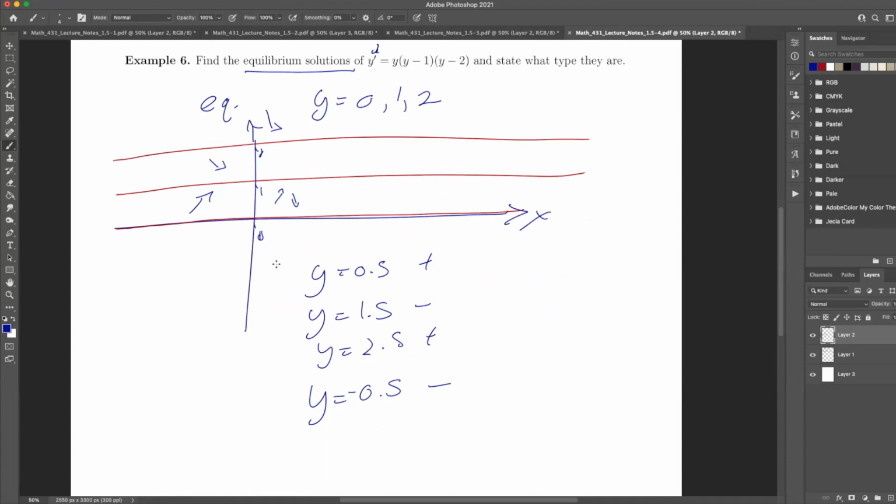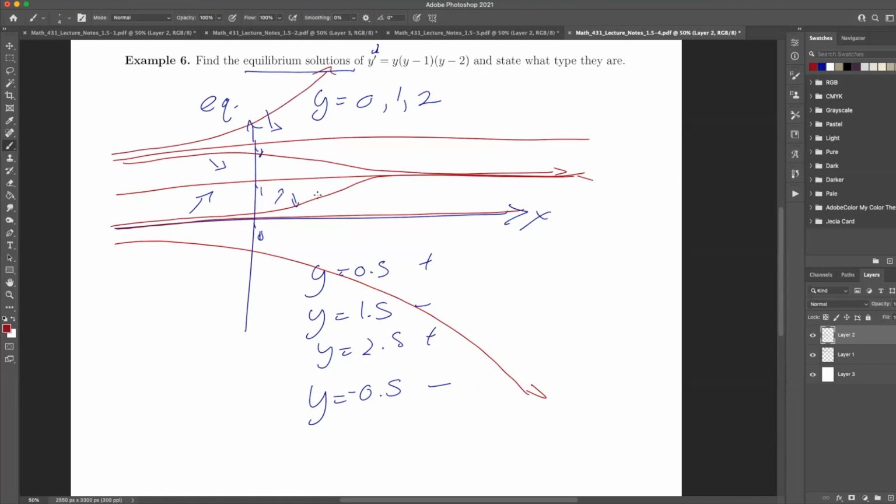Now I can guess what the solutions look like. Solutions starting here are going to slowly decrease. Solutions here are going to increase to this line and then level off. Solutions here are going to increase to this line and level off. And solutions here are going to expand outward to infinity.